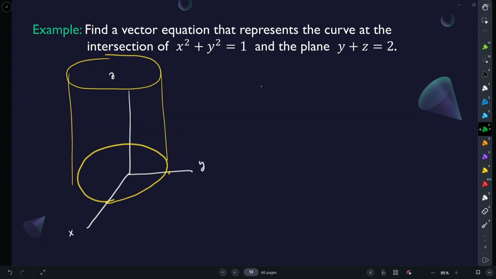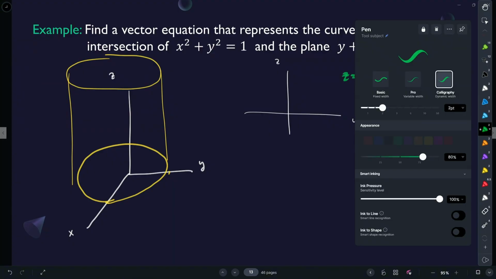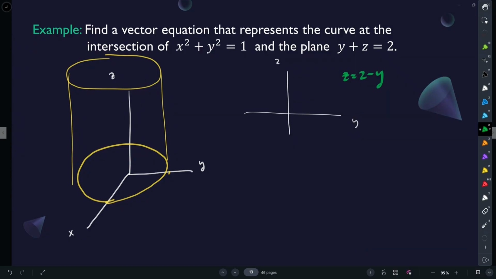So if you draw in the yz plane, the cross section of that plane will be z is 2 minus y. And that is a line that goes through, when y is 2, z is 0, and when y is 0, z is 2, so it's this line over here.